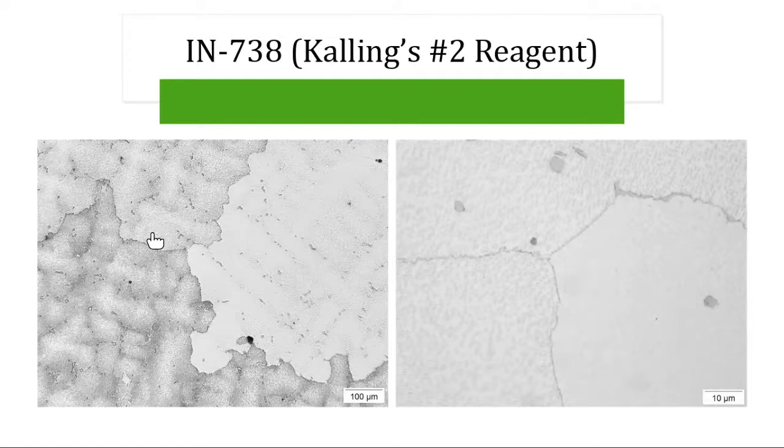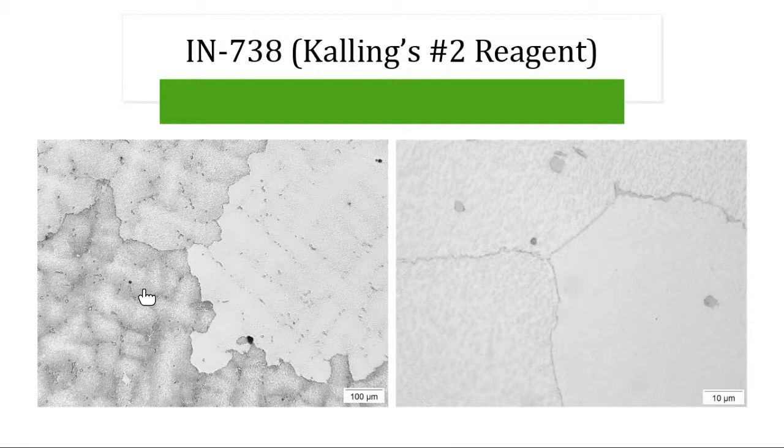The reason for those different shades is the crystallographic orientation of that grain, and how it reflects light back determines the brightness of that grain.